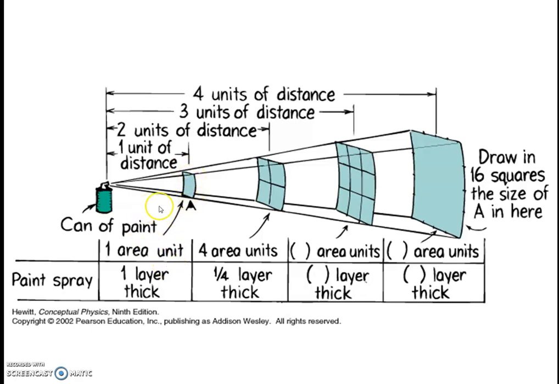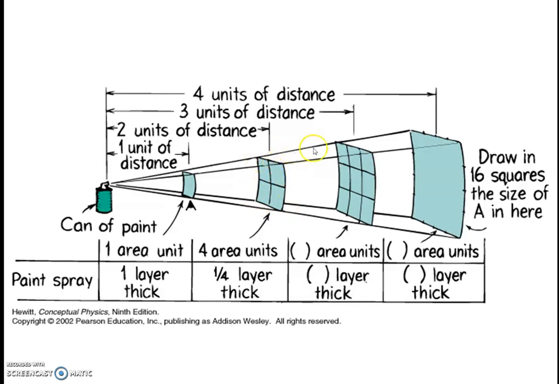Okay. If you took another surface and put it 2 units of distance farther away, in other words, twice as far away, that same paint would cover not twice the area, but 4 times the area.